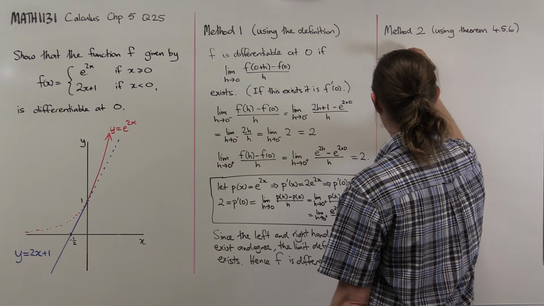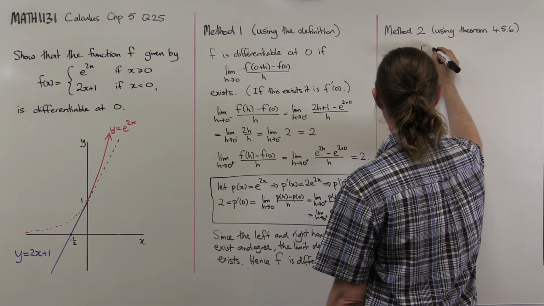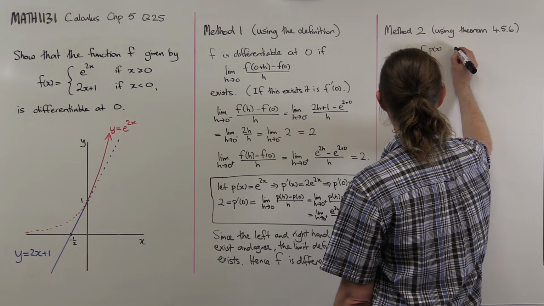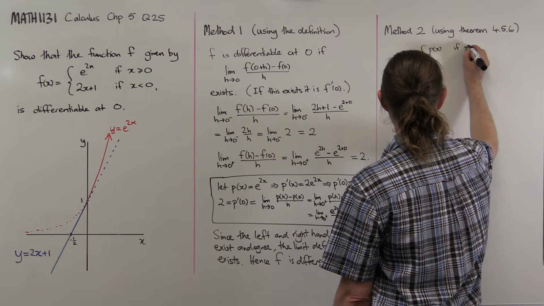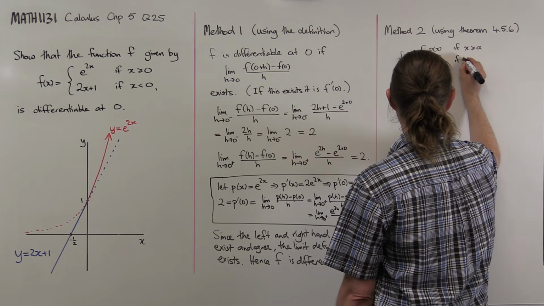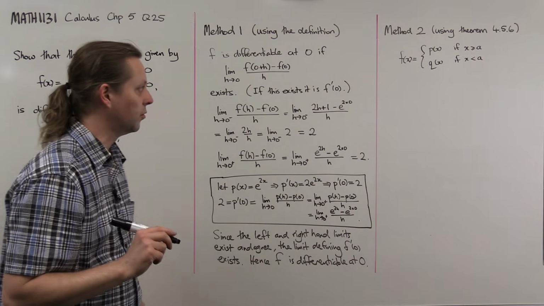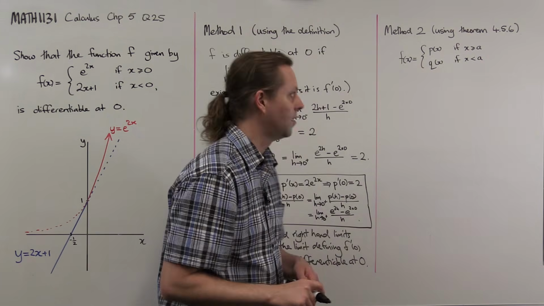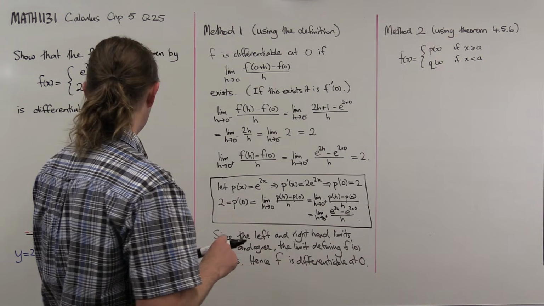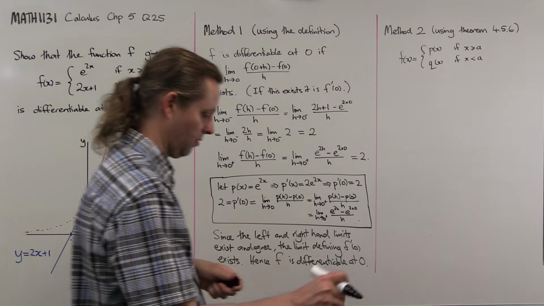But the theorem deals with a function of the form f of x is equal to p of x if x is greater than or equal to a, and q of x if x is less than a. And it says that this function is differentiable at a, provided it's defined on an interval around a, and it's differentiable at a if it's continuous at a, and if the derivatives of p and q agree at a.